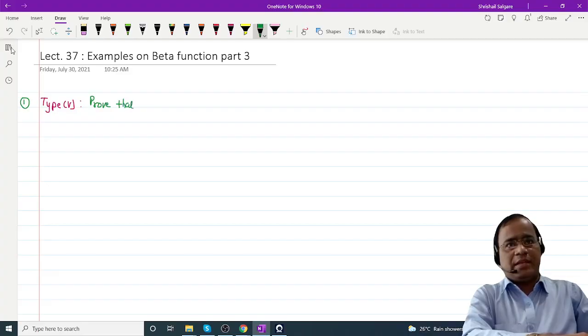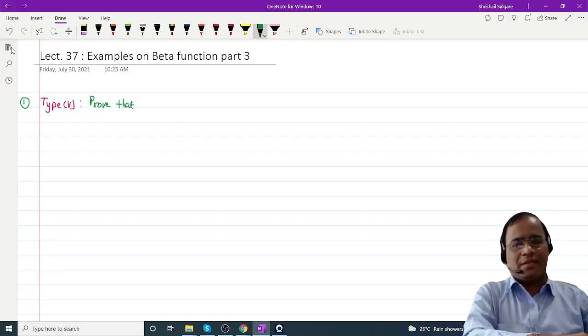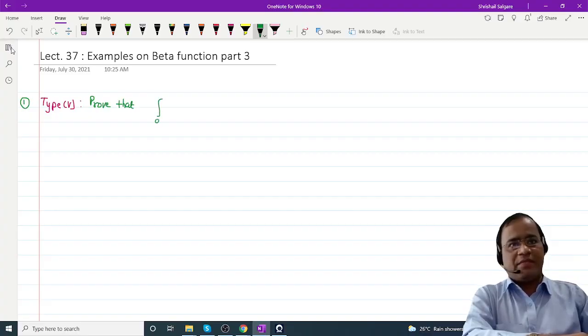Prove that the integral, now see the nature of the integral is given from a to b. Limits are given as some finite numbers a to b, and the integrand is given by two factors. One is x minus a raised to some power m, and the second one is b minus x raised to n, into dx.